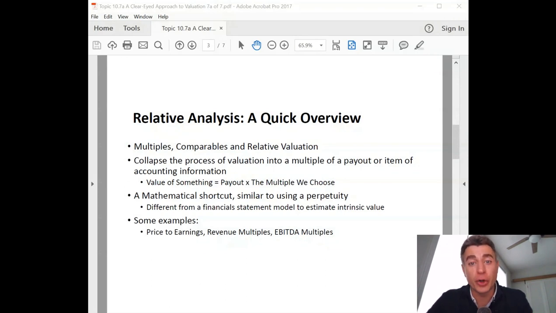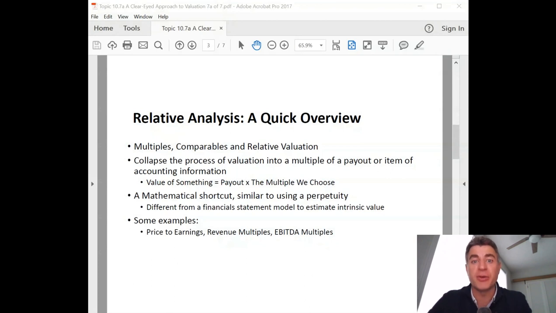In that case, the earnings is the payout and my multiple is 20 times. My relative valuation, without debating this at all, is saying everything else is priced at 20 times. So for my new thing, a starting point for what its value could be would be to price it at 20 times its earnings, just like everything else is priced.